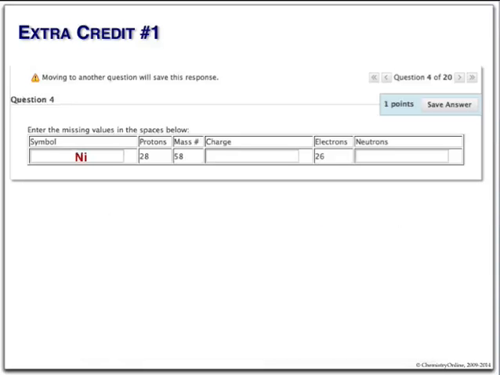Blackboard will not like it if you did it the other way. Okay? If we have 26 electrons and 28 protons, 28 positives, 26 negatives, we have a +2. Again, no positive sign. And the number of neutrons from the mass number is 30.